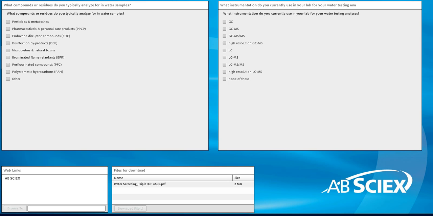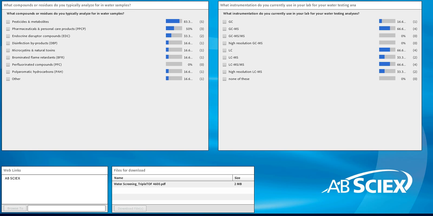And what instrumentation do you currently use in your lab for your water testing analysis? GC, GCMS, GCMSMS, high resolution GCMS, LC, LCMS, LCMSMS, high resolution LCMS, or none of these? So again, what compounds or residues are you typically testing for in your water samples? And what instrumentation do you currently use in your lab for your water testing analyses?